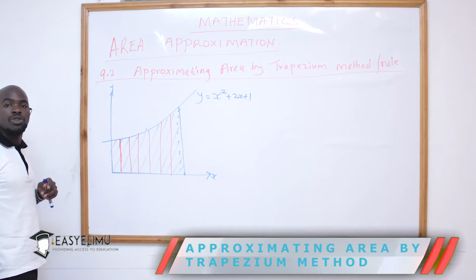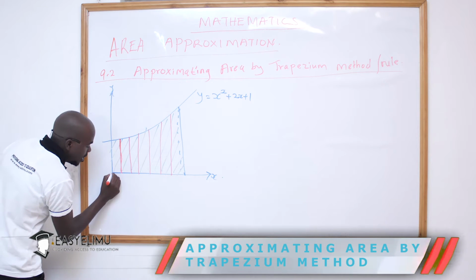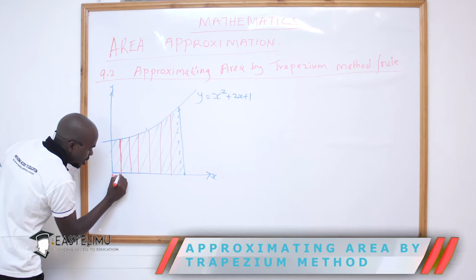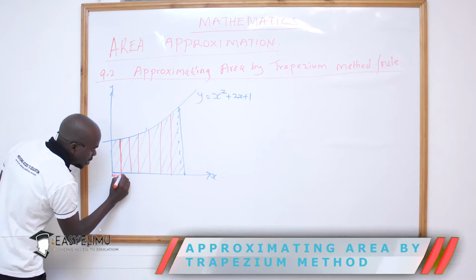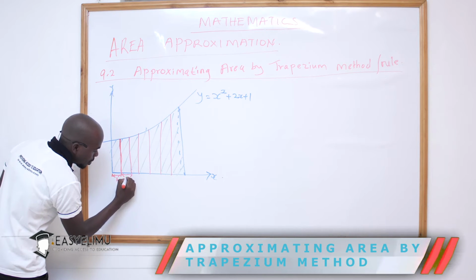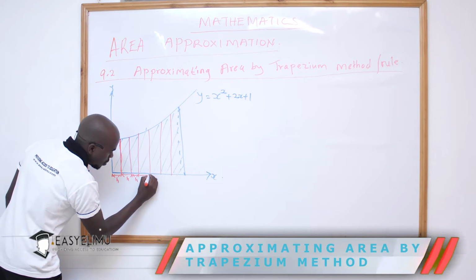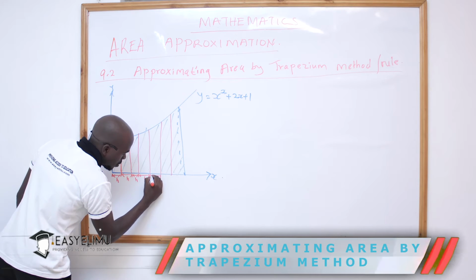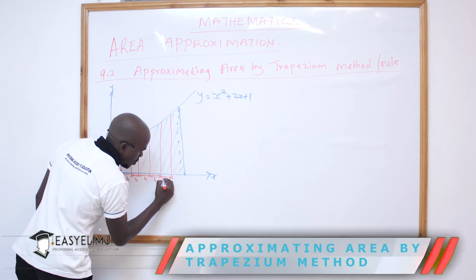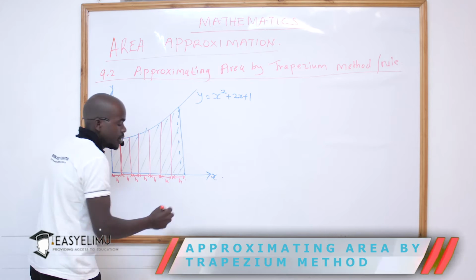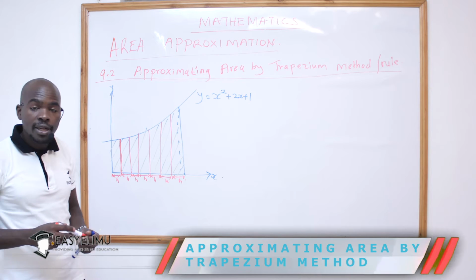We can divide it that way. Then the distance from here to here should be the same. This distance should be the same.